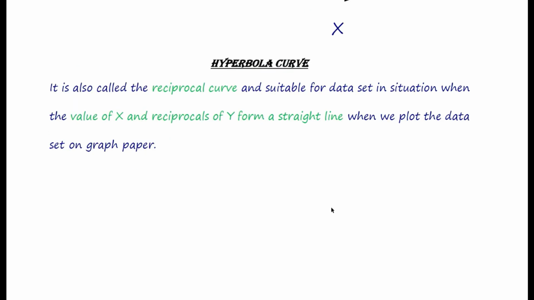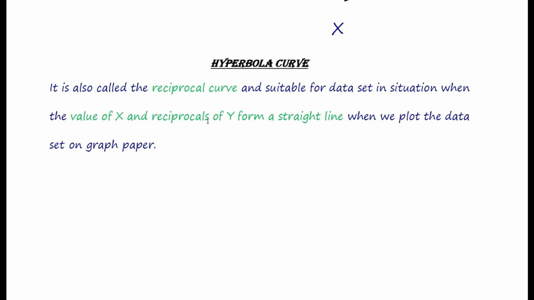The last type is hyperbolic or hyperbola. Hyperbola curve is also called reciprocal curve, and it is suitable in the situation when the y variable is reciprocal of the x values and forms a straight line.